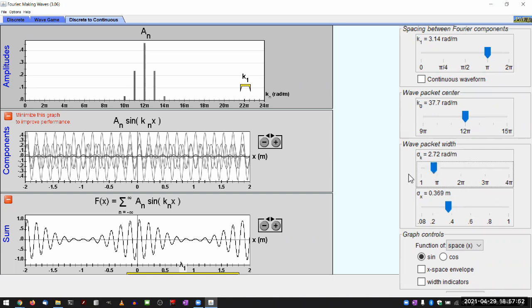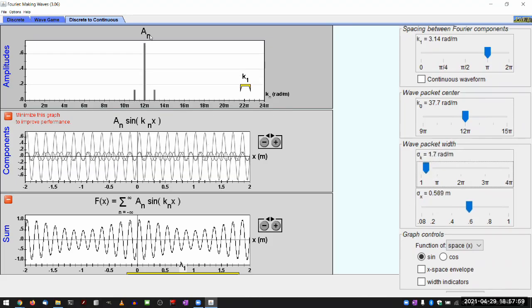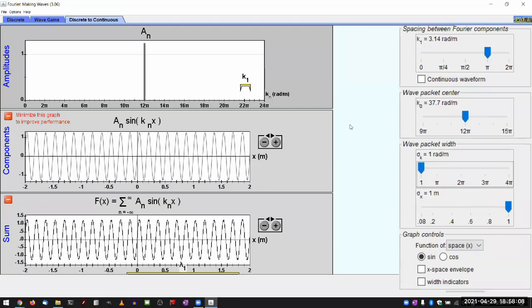And as I make the packet width in terms of wave number narrower, resulting in more precise wavelengths, you see that my wave packet is more and more spread out. In fact, in the limit where my wave is very well defined in terms of wavelength, there's only one way that such a well-defined wavelength can correspond to the waveform in space.